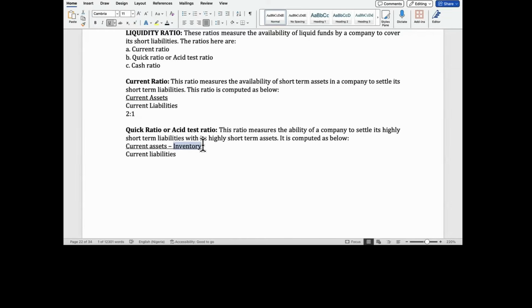A typical example is prepayment. In most instances, we will remove prepayment. Just that for you guys, whether you remove it or not, it doesn't really give you any extra mark. So you just remove inventory and move on. But you need to know that prepayment can also be removed because it's not a liquid asset.